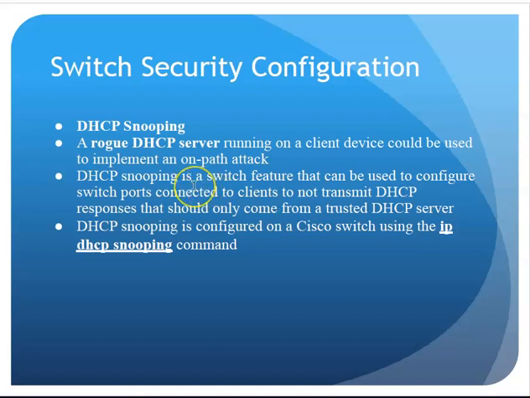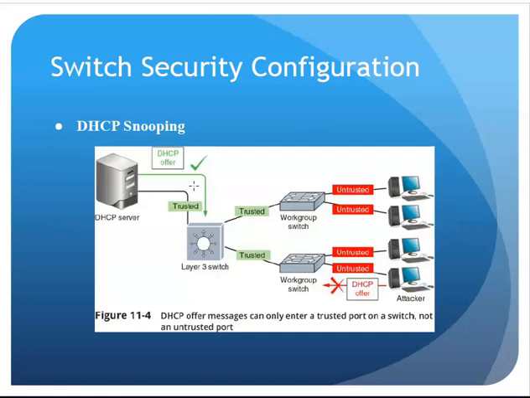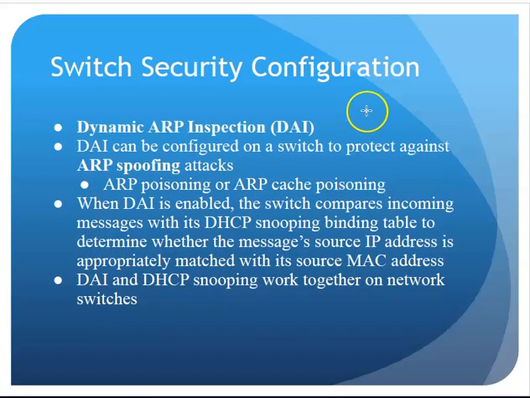Okay, so DHCP snooping can be configured on the switch to indicate this is a trusted DHCP server, not a false DHCP server. So again, you can configure on the switch saying, hey, only trusted DHCP offers and so forth should be coming this direction, not this direction. Anything coming from these user ports would not be trusted DHCP offers, if you will. That can be configured on the switch.